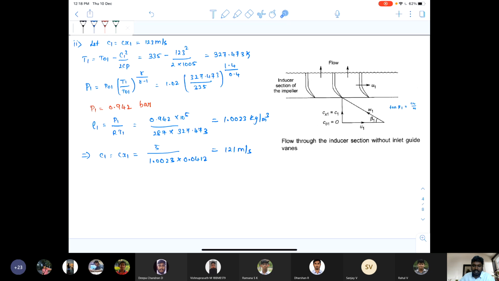Therefore it is a considerable amount for taking it as the value. Therefore we can now finalize the value of C1, equal to Cx1, as 121 meter per second. So we can finalize this value as the axial velocity component. So we have found out the axial velocity component.